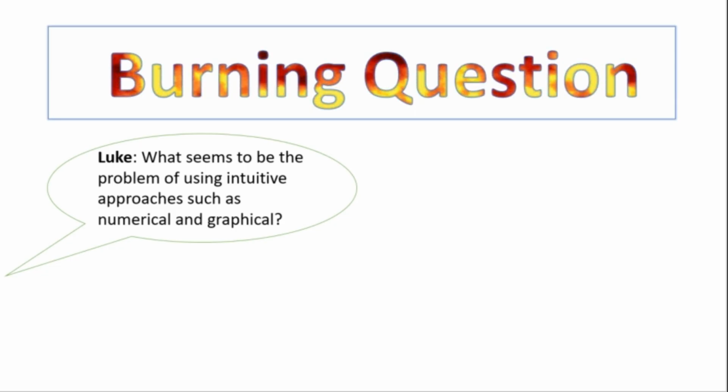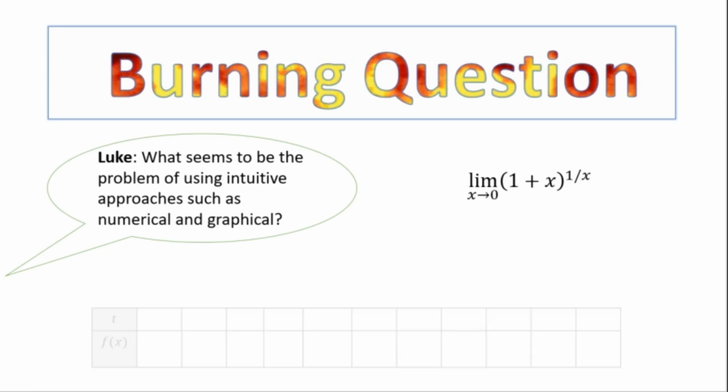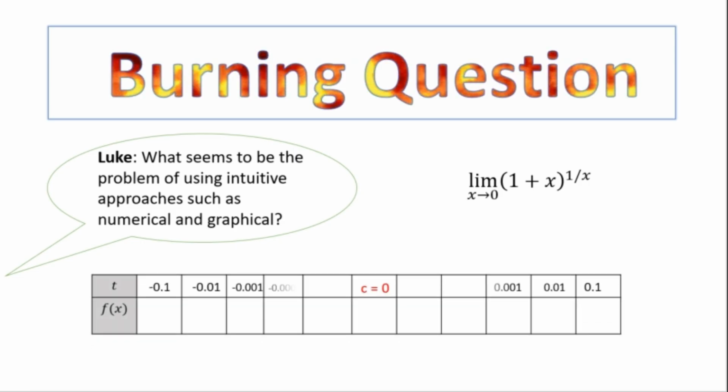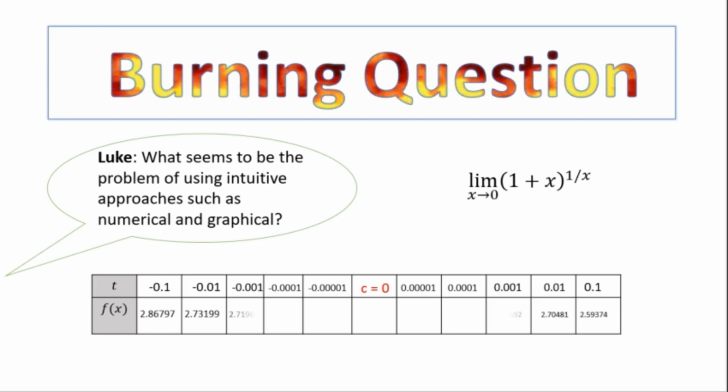There are some functions that do not easily reveal where they are going, no matter how x is made close to c. For example, if one is to find the limit of 1 plus x raised to 1 over x as x approaches 0 using numerical approach, then he will end up feeling frustrated because as x grows, f of x also grows non-stop.